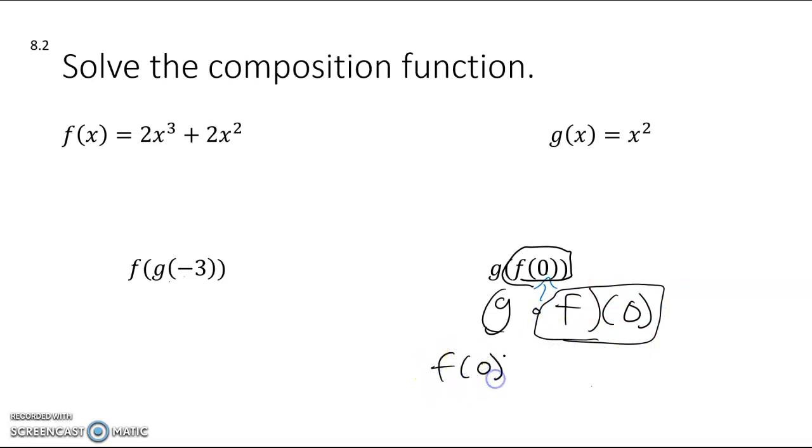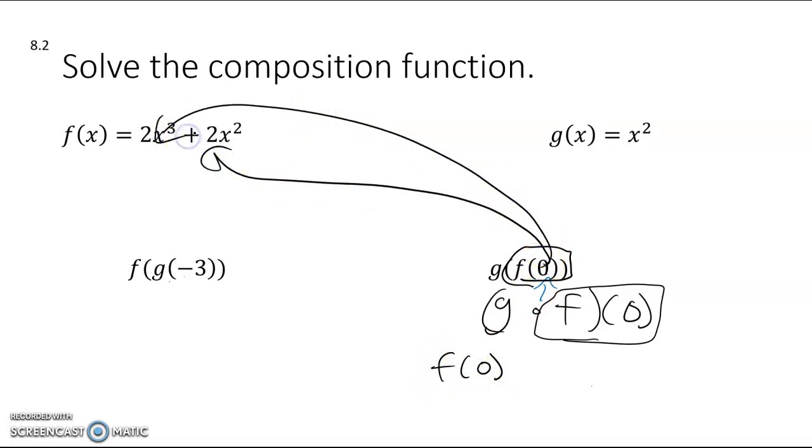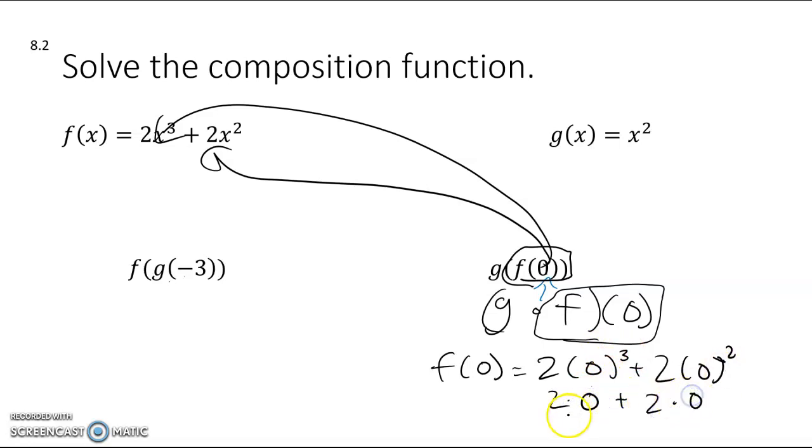So again, I'm going to take the 0 here and plug it in for x in my f function right there. So if we go ahead and do that, I get 2 times 0 cubed plus 2 times 0 squared. Now if we really work all this out, 0 cubed is just 0, plus 0 squared, which is 0. 0 times 2 is 0, plus 0 times 2 is 0. So if I plug in 0, I get 0, okay?